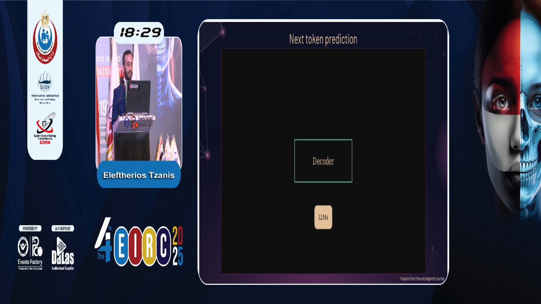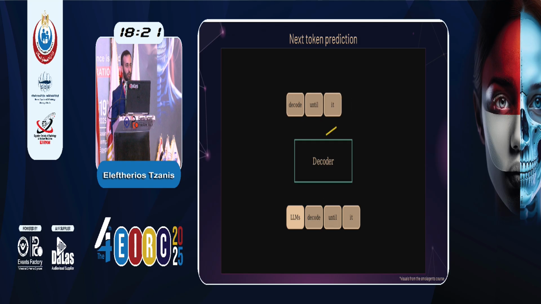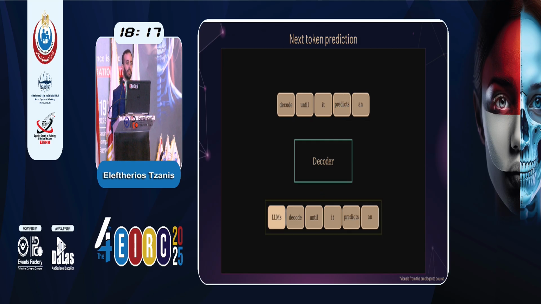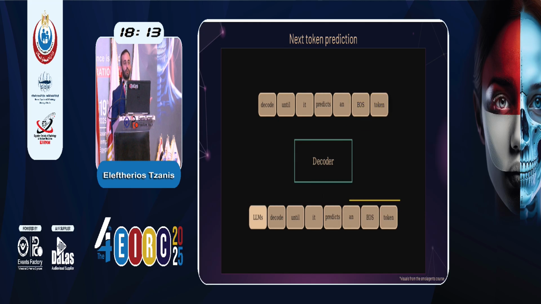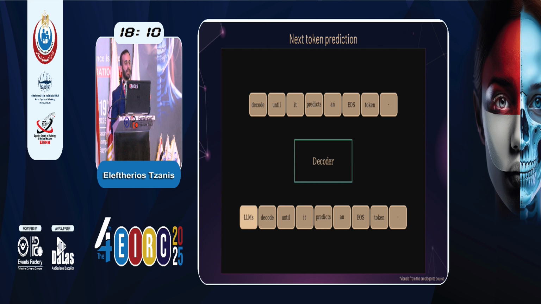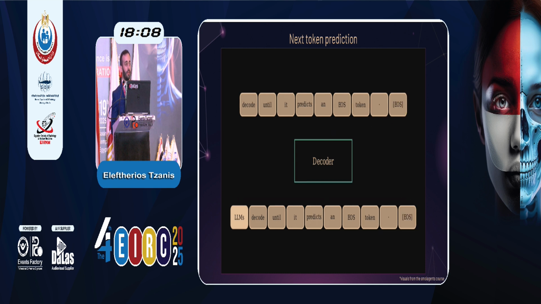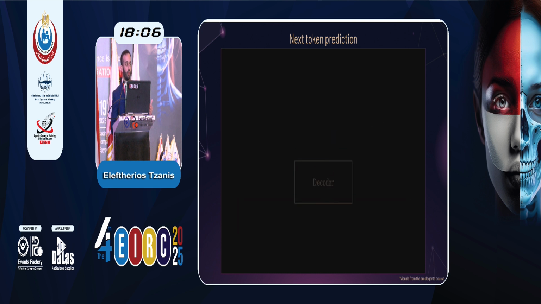Let's understand the next token prediction mechanism. LLMs are considered to be autoregressive. This means that the output of a previous pass is the input for the next one. This loop continues until the model predicts an end-of-sequence token. This is a special category of tokens, and when the model predicts one of those, it understands that it has to stop generating other words.